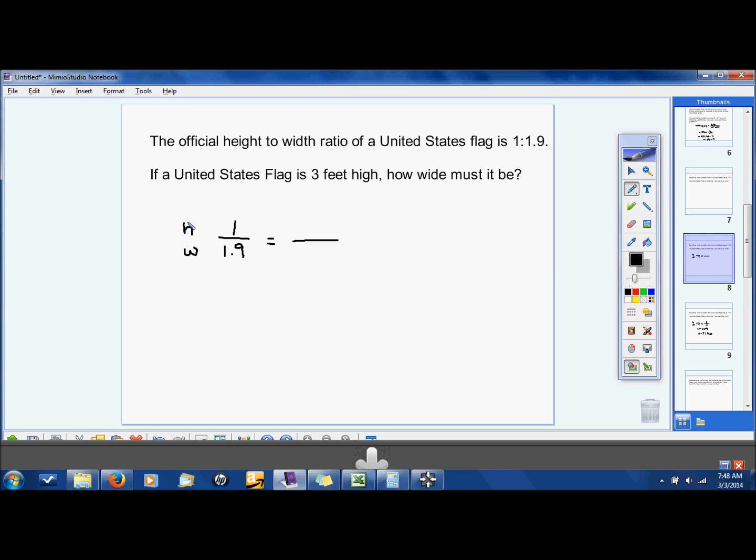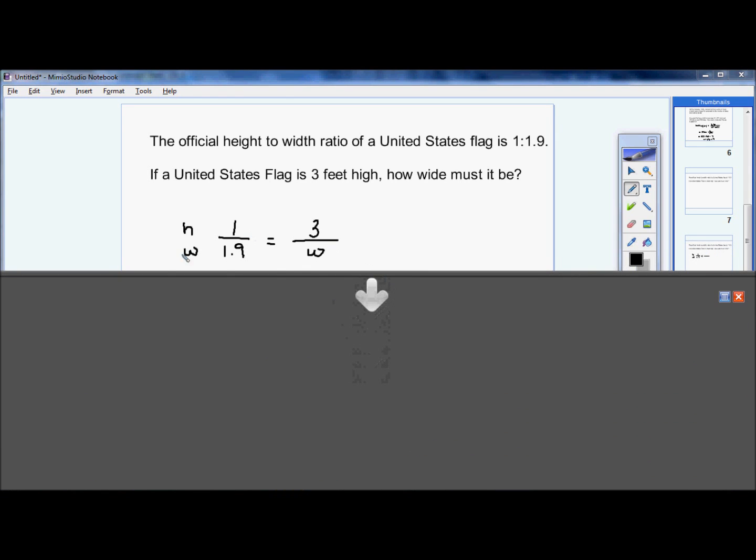So if we're comparing height to width, our ratio is 1 to 1.9, just as I stated here. And we know that the flag is 3 feet high. Remember, in a proportion problem, if you have height over width on one side, you have to have height over width on the other side. So here's the way our problem would stack out.